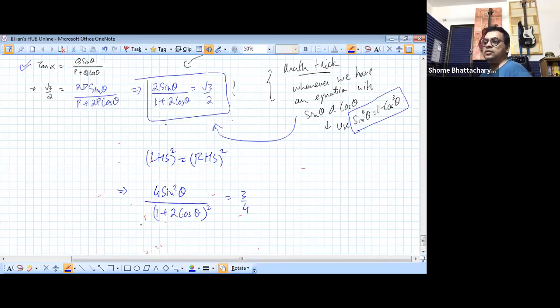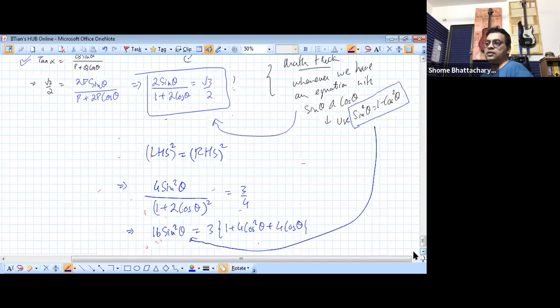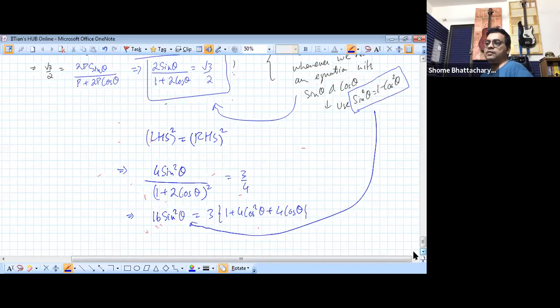So next, cross multiplying, 16 sine square theta is equal to 3, and now I'm opening this bracket, so it is 1 plus 4 cos square theta plus 4 cos theta, and then I will substitute this thing over here. So that will give me my quadratic equation in cos theta, and solve that. I'll get the value of cos theta, and from that I will get theta.